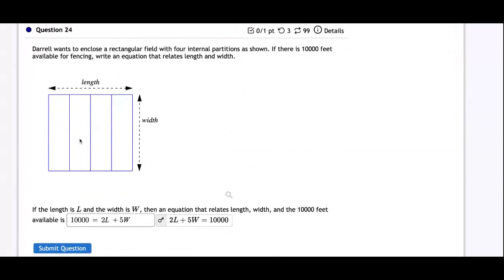For 24, just count how many lengths, two lengths, how many widths, 1, 2, 3, 4, 5, 6, so 2L plus 5W equals 10,000.